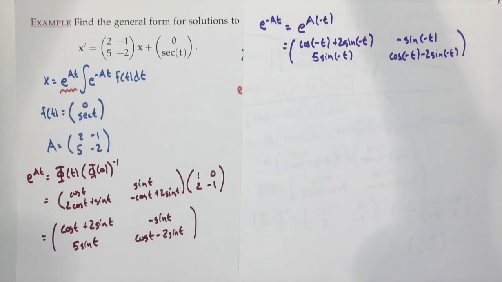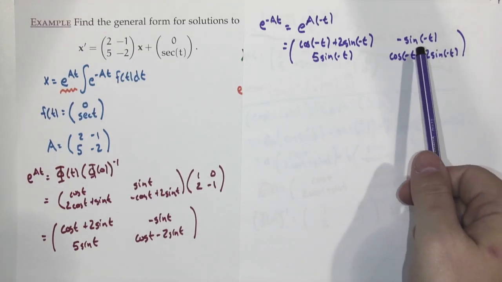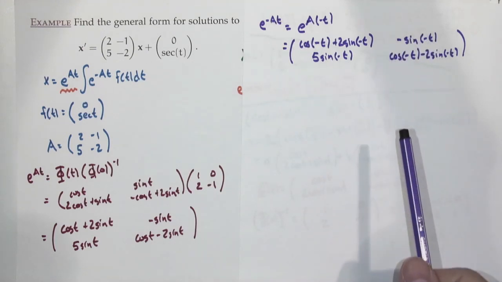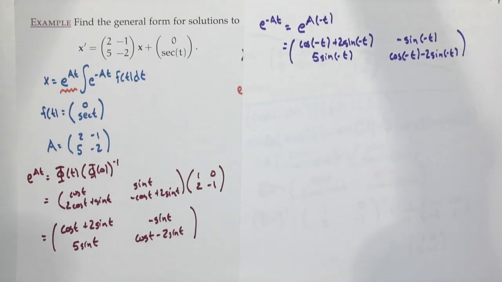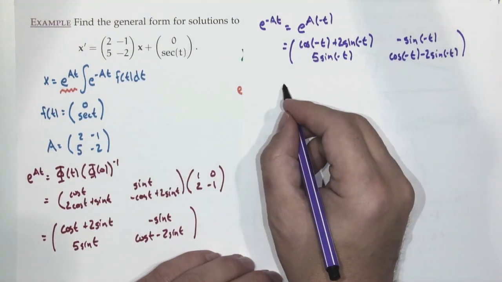We've trained ourselves. For example, some people might say that sine is a very unusual function, and some might even say that sine is odd. So sine of negative t, the negative comes out. What happens with cosine of negative t? Basically the negative doesn't matter. It's what we call an even function.